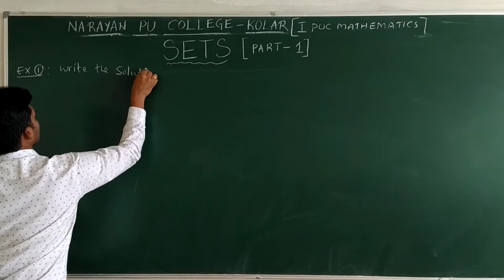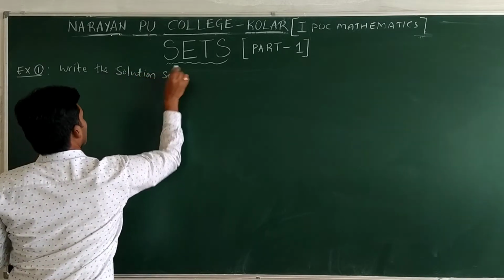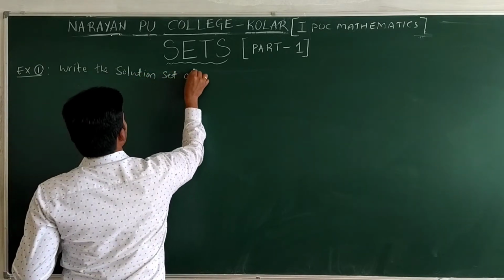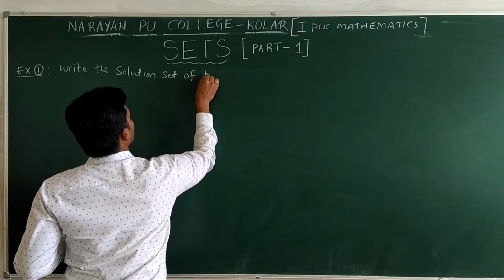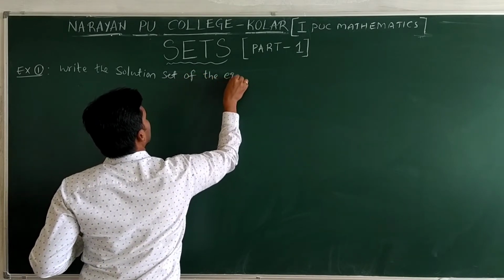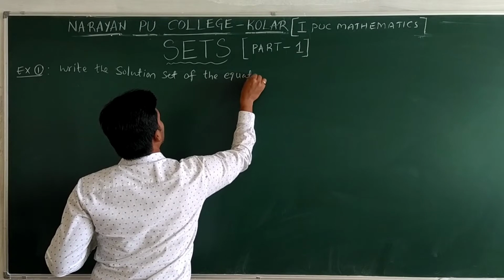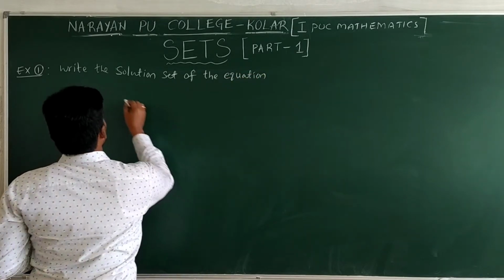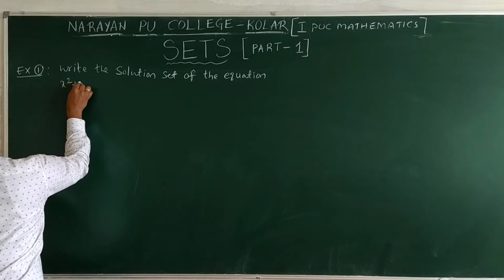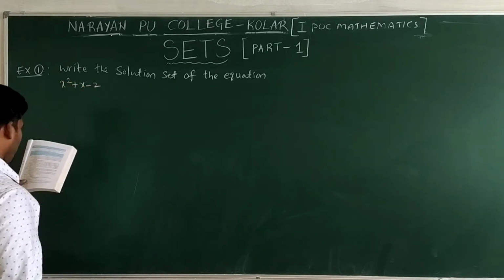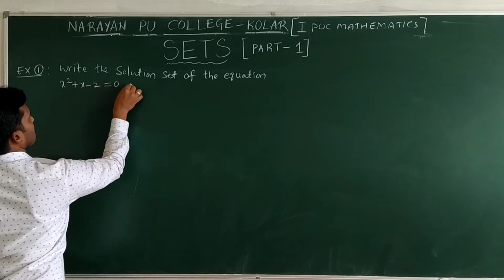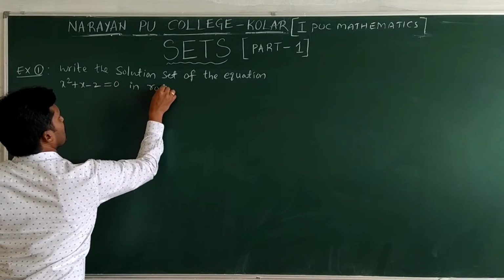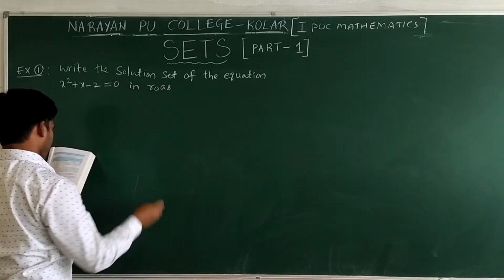Write the solution set of the equation x square plus x minus 2 equal to 0 in roster form.